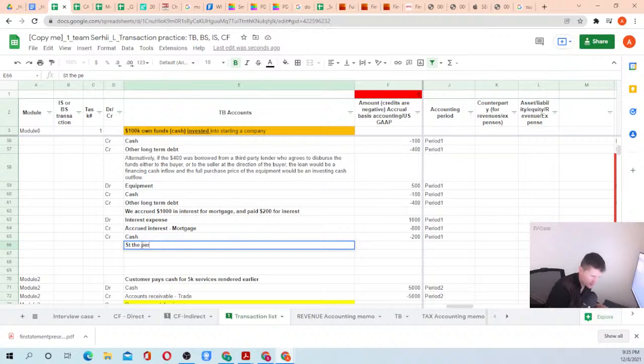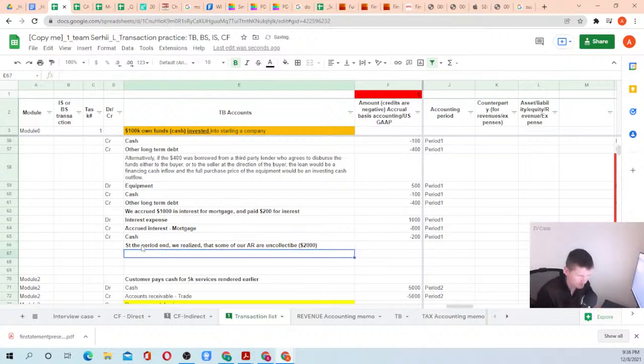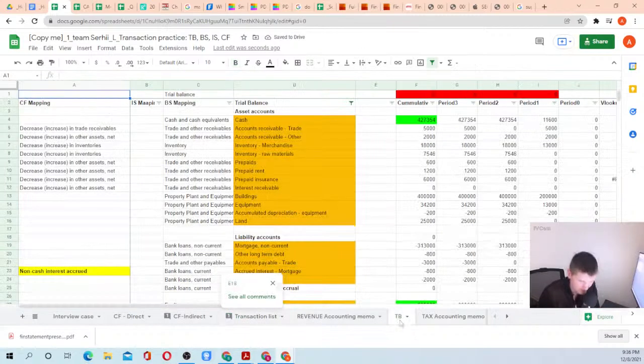At the period end, we realized that some of our AR are uncollectible, 2000. Let me see if we have such accounts receivable at all.